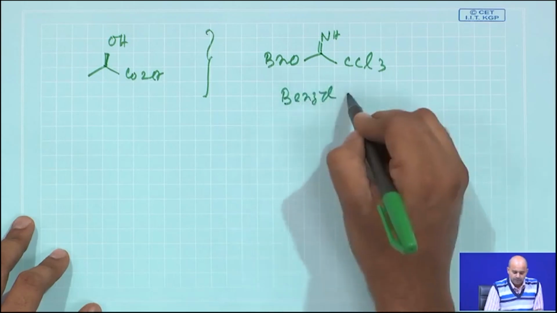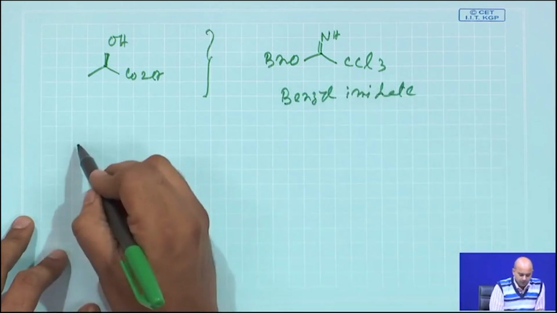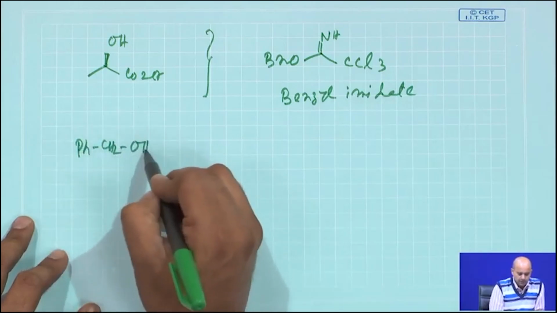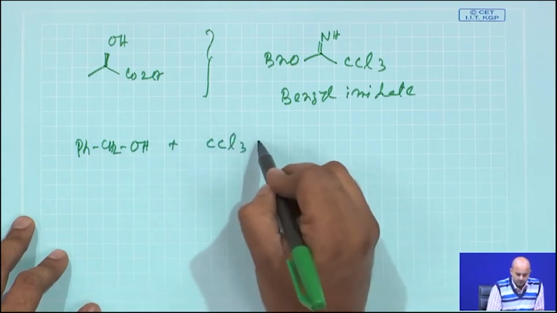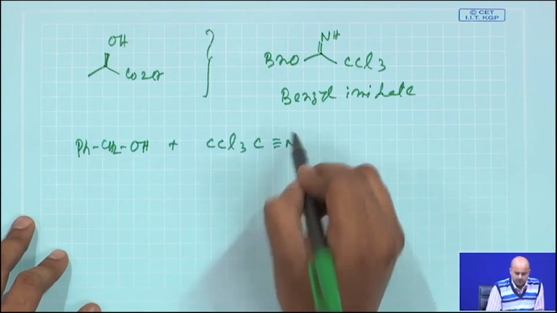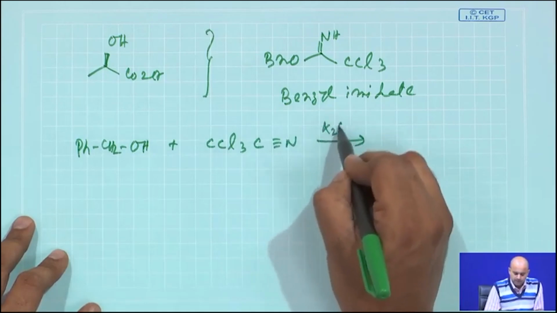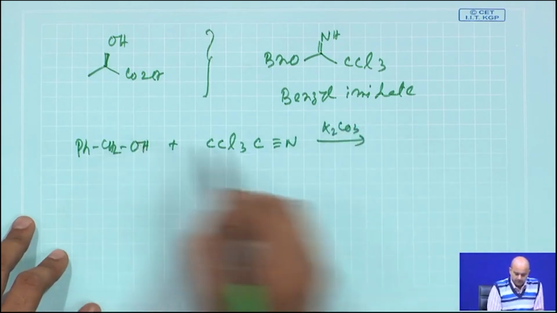Benzyl imidate or PMB imidate is a pretty mild reagent which you can easily prepare by reacting benzyl alcohol with trichloroacetonitrile. You need a pretty mild base like potassium carbonate to generate this imidate.